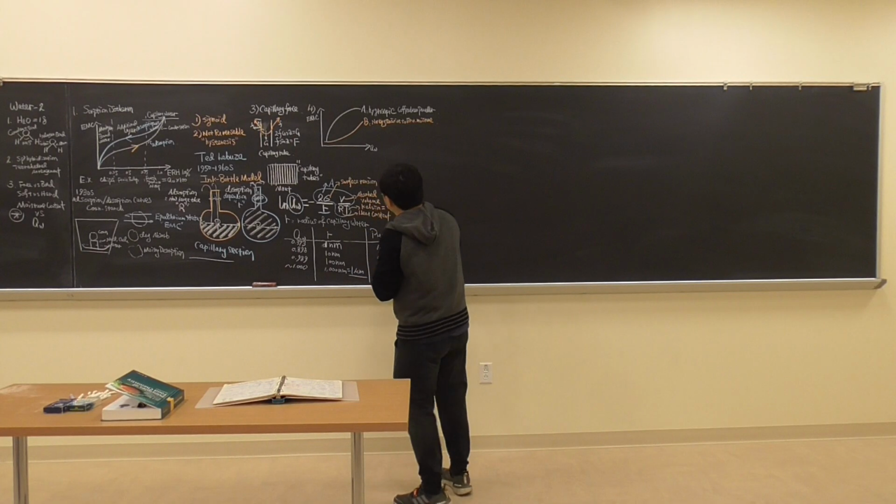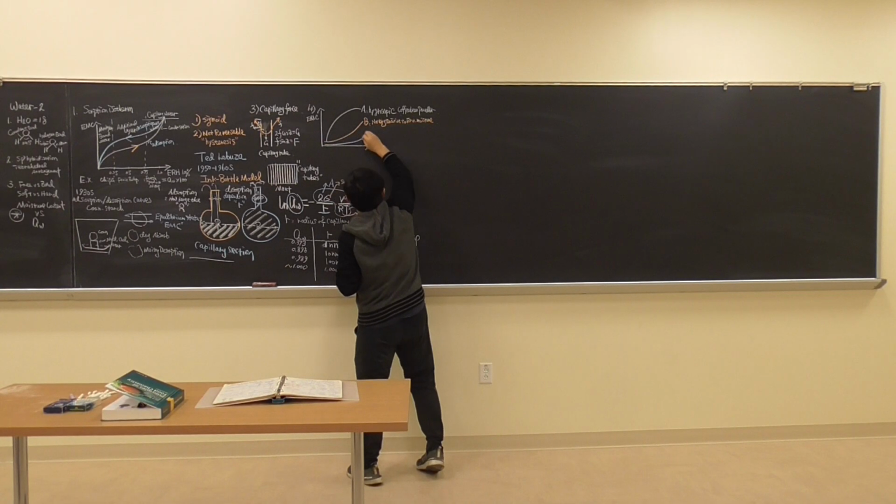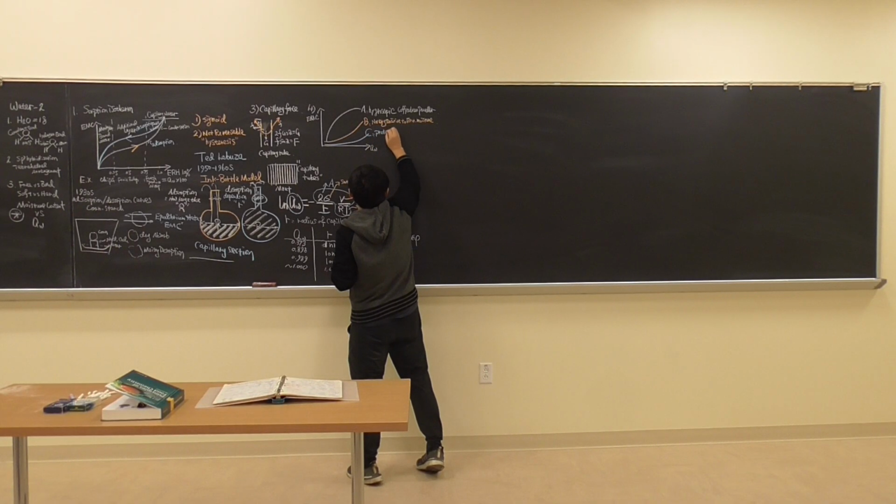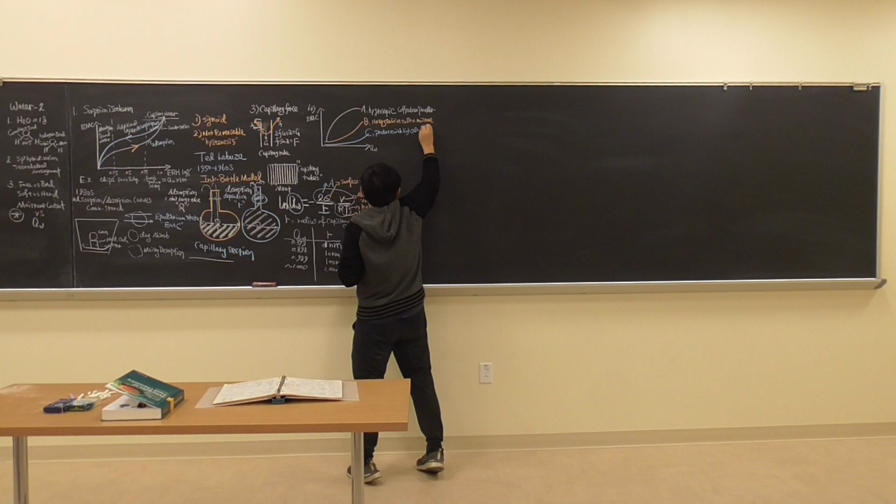And you could also get a curve like this. This is typical of products with high salt and high sugar.